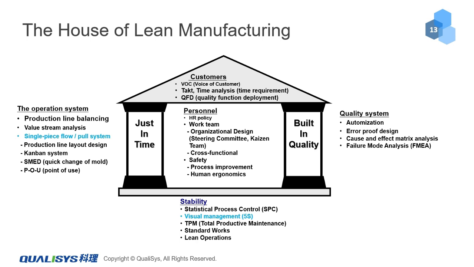To do just in time, to produce efficiency, we have a lot of lean tools. For example, we have production line balancing, value stream analysis, single piece flow, pull system, production line layout, Kanban system, and SMED, single minute exchange of die, which means you want to change your mold very fast, because changing the mold is a waste.